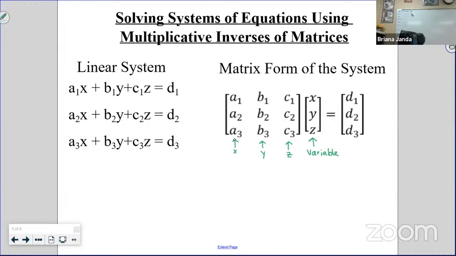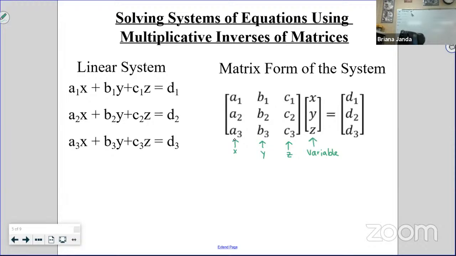If I were to go do my matrix multiplication and I did first times first, second times second, third times third, I would get this little equation back. Do you see that? Same thing with our next one, I would get the second equation back, okay?